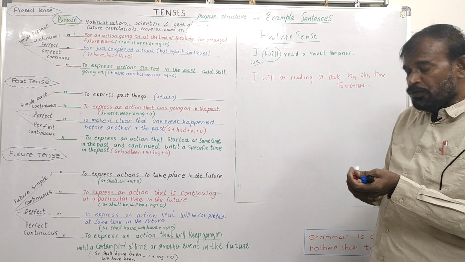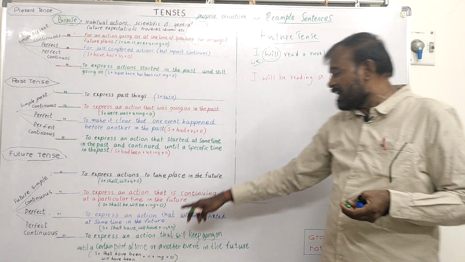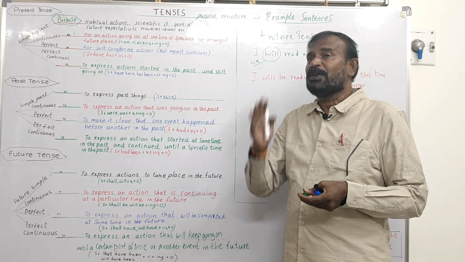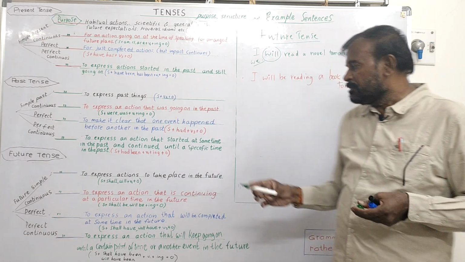The next one is future perfect. It is used to express an action that will be completed at a particular period or particular time in the future.